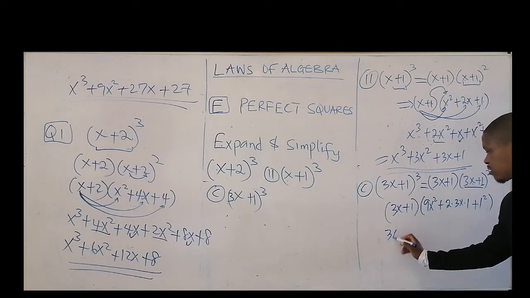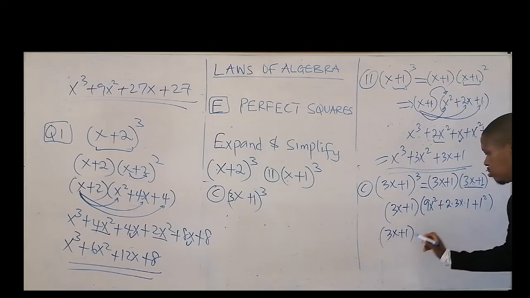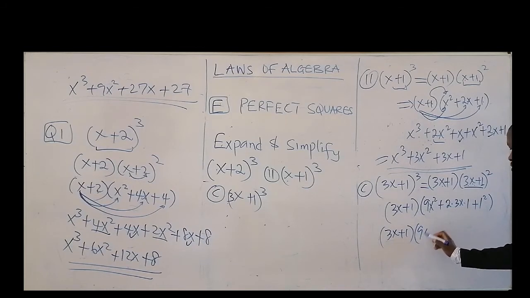So we have 3x plus 1, this one 9x squared, this one times this, that's 6x, 2 times 3 times 1, and then plus 1.